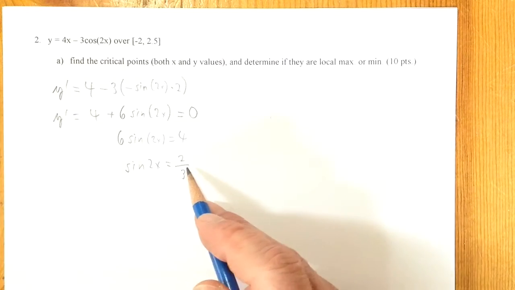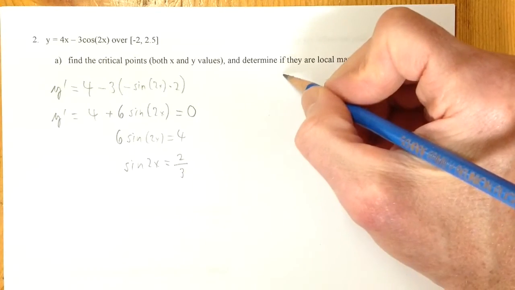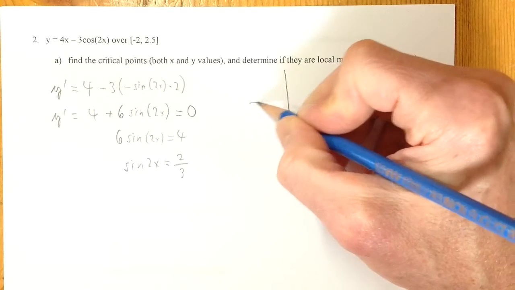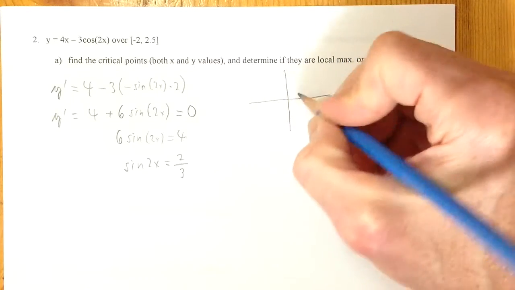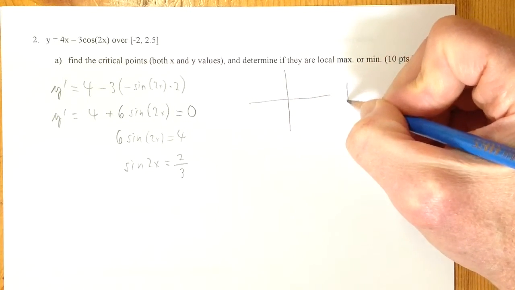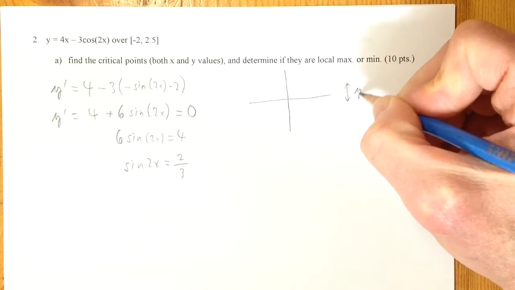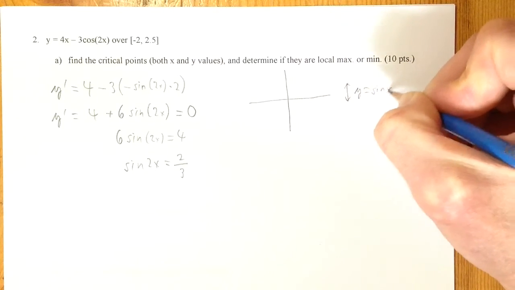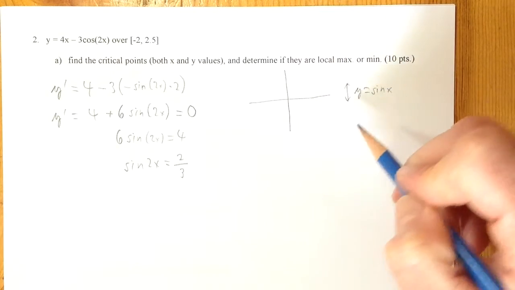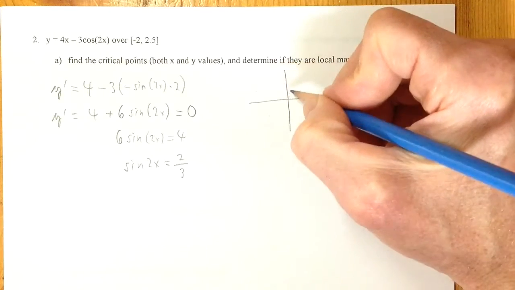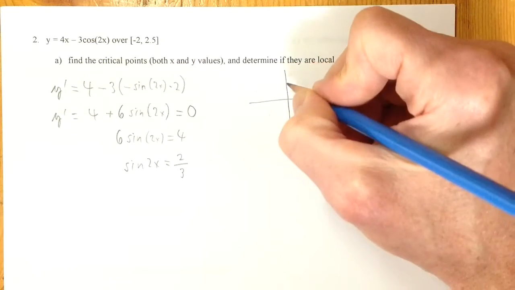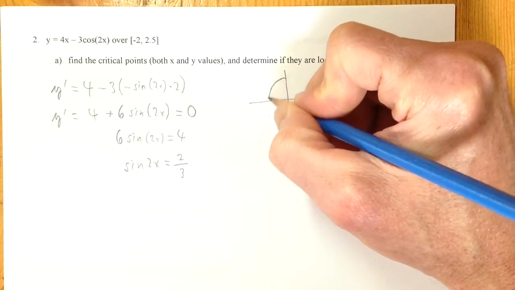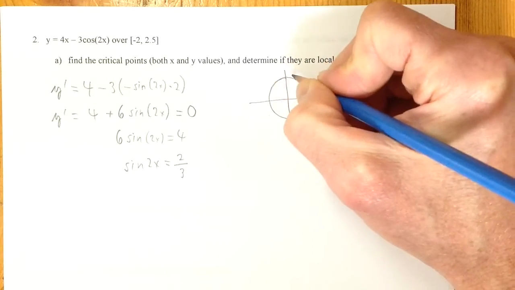Okay, so let's just think about what's happening here. Let's do our unit circle. So when is the sine of an angle equal to 2/3? Sine is up and down. Sine is the y value, right? And 2/3, we want the y value to be 2/3. So here's our unit circle. This is 1.